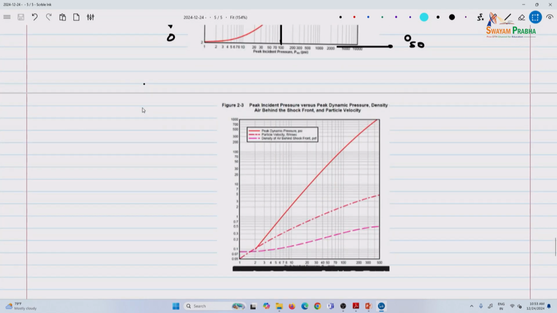Here you see the figure giving you the peak incident pressure versus the peak dynamic pressure.